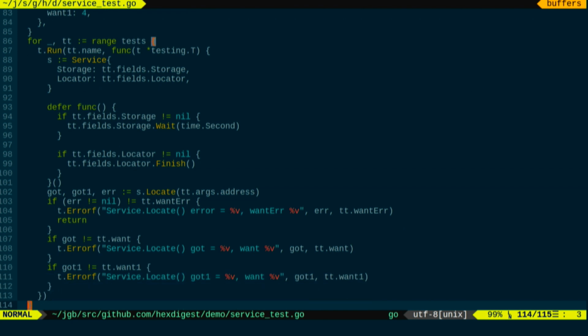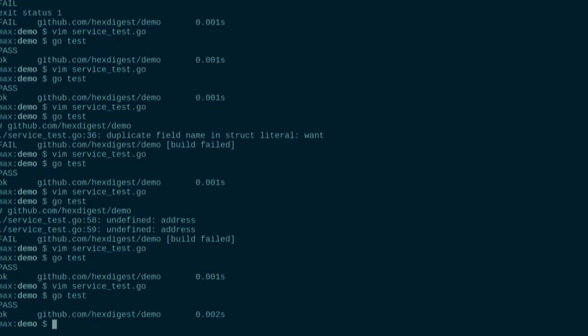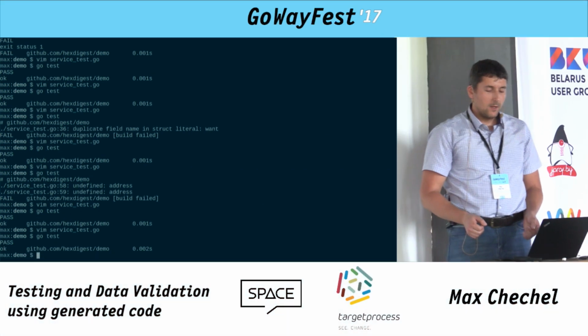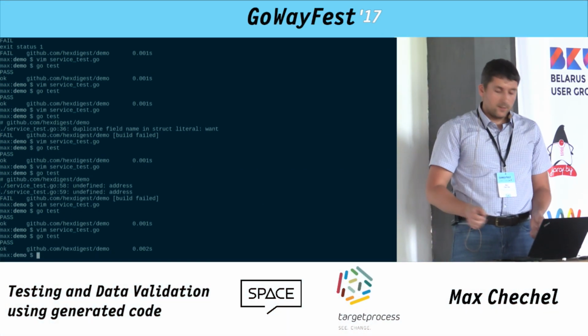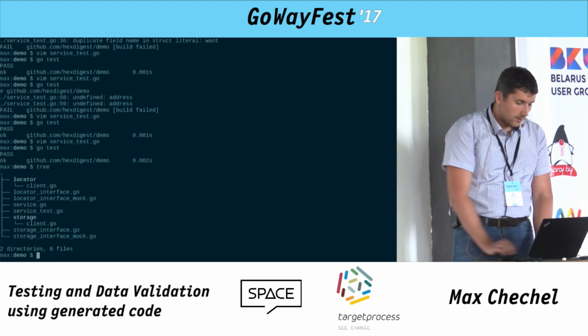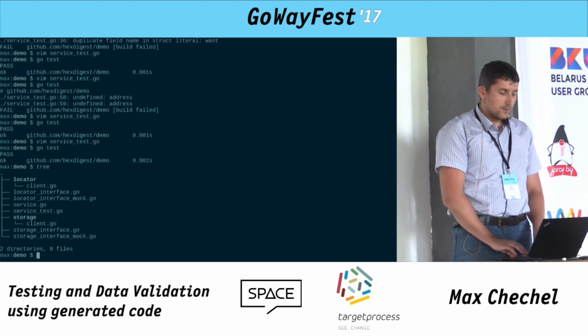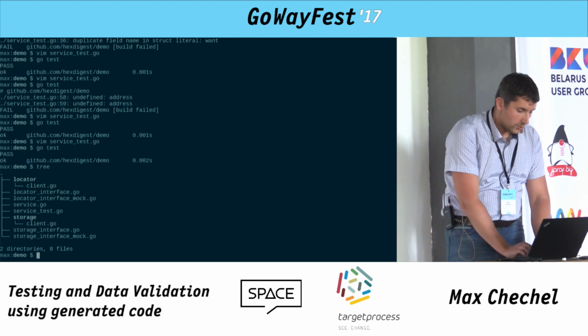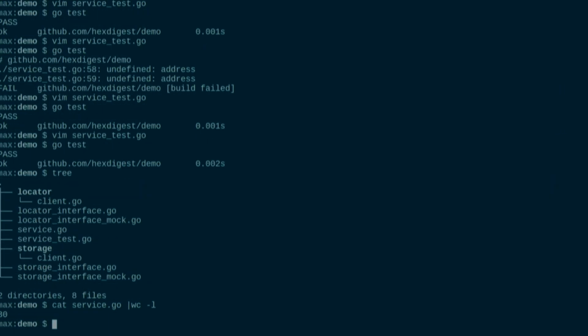And let's run our test again. And the test is passed. So we actually covered this locator method with a test. And almost everything for this test was generated automatically. And let's just look at the numbers. Initially, we had only the service Go file here, which is 30 lines long, right?